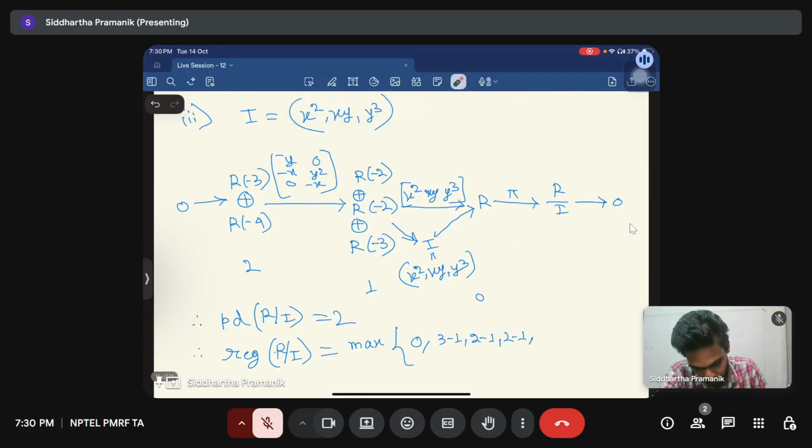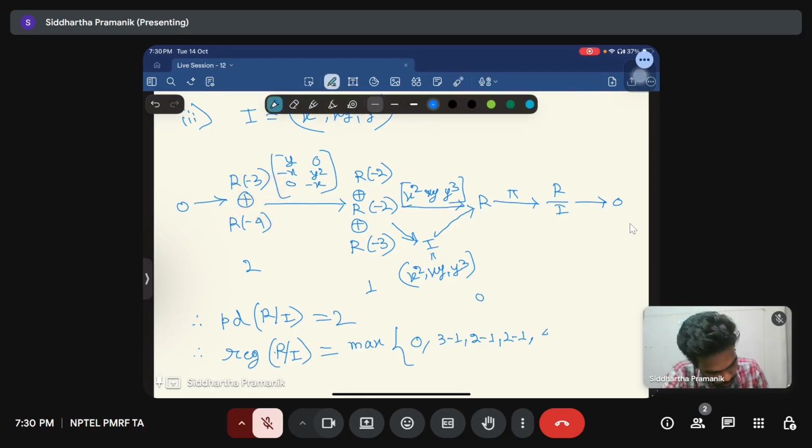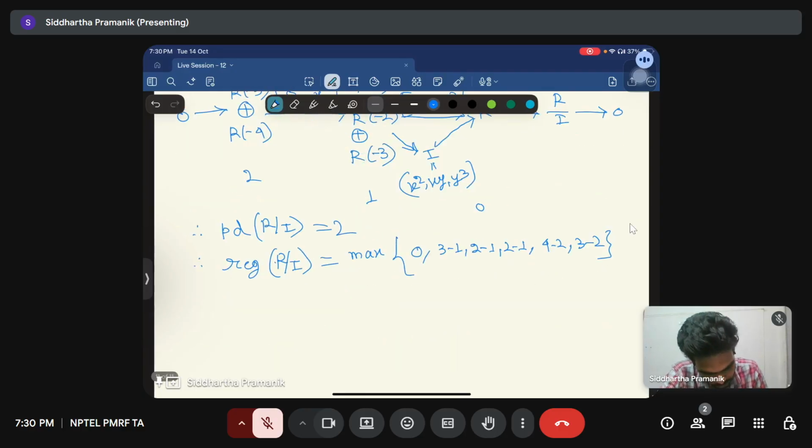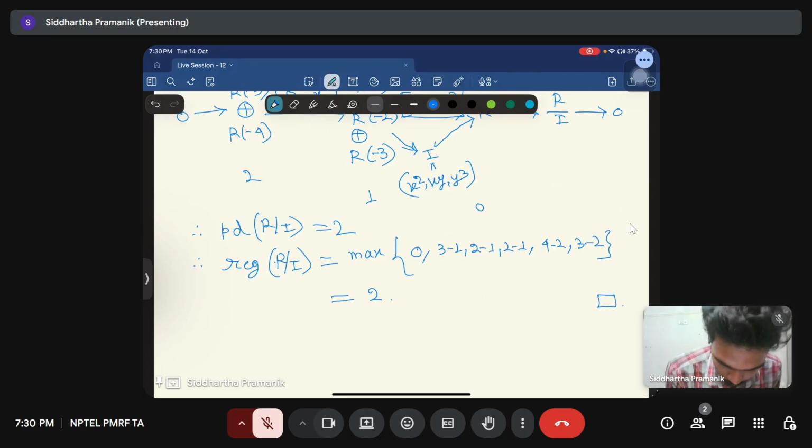In the second position 4 minus 2, 3 minus 2. So clearly you can see that this maximum is 2. So regularity in this case is also 2.